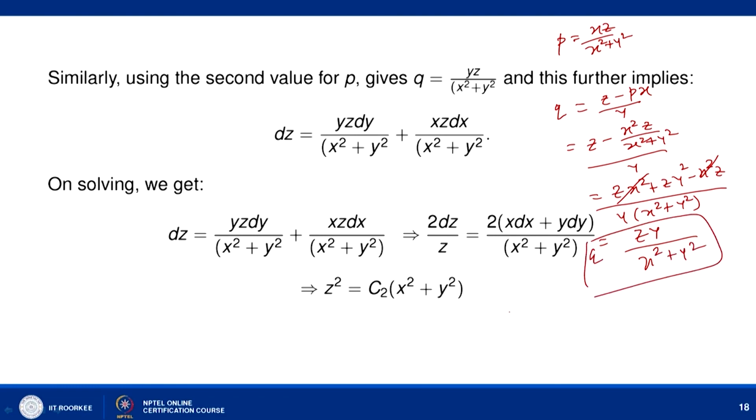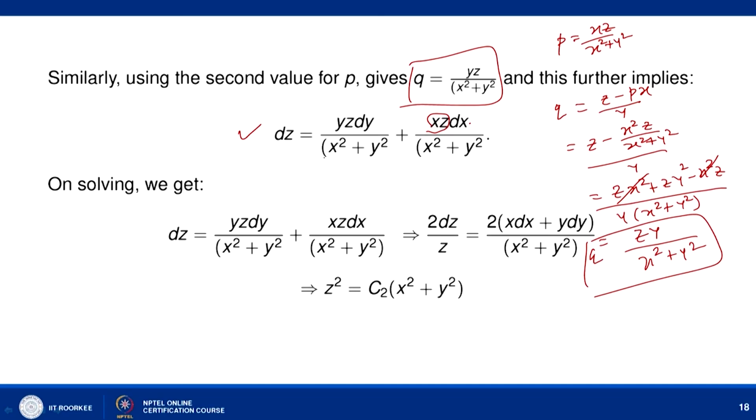So, q is z y upon x square plus y square, which we have written here. So, we have q, we have p. Now, let us simplify dz equal to p dx plus q dy, that is xz dx upon x square plus y square plus yz dy upon x square plus y square.